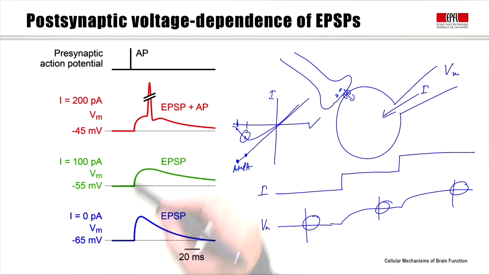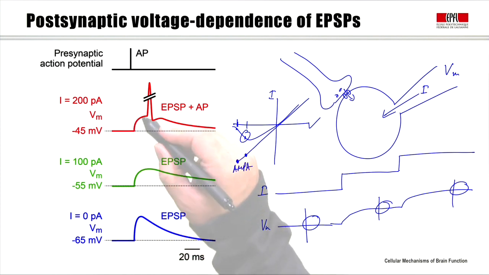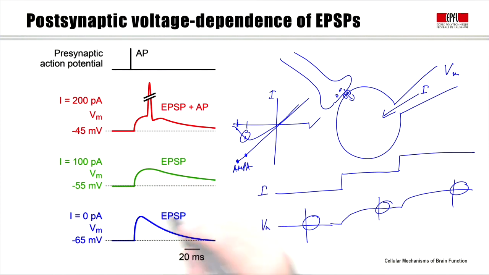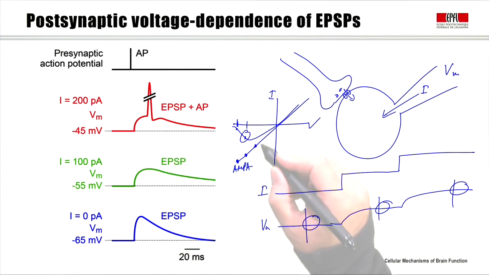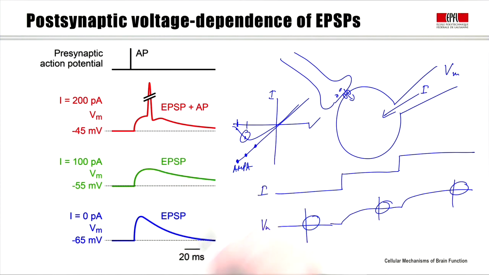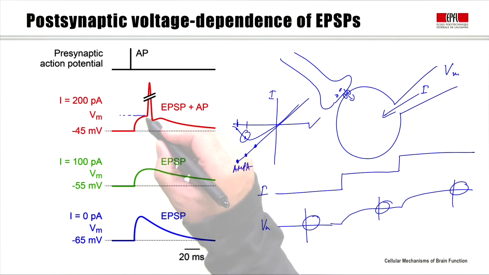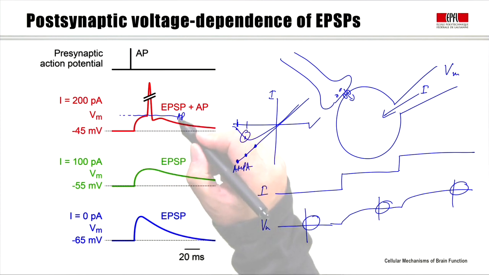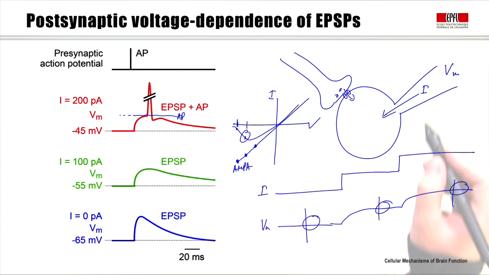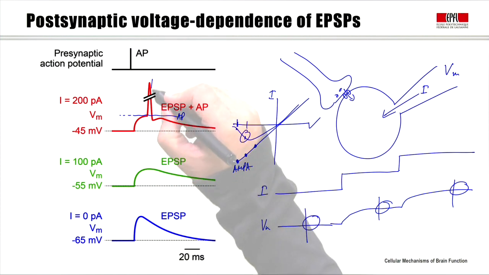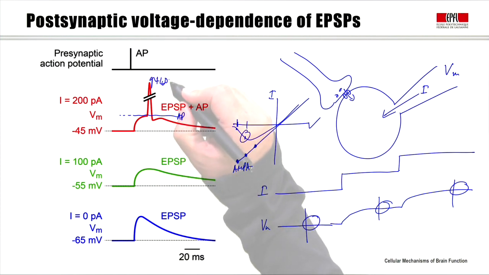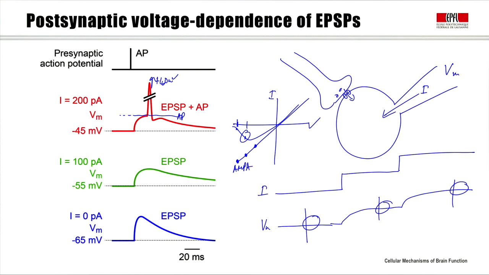If we depolarize even further, there'll be a further drop in the amplitude of the response because we're moving towards smaller and smaller currents. The driving force for the AMPA receptor has decreased, but we're of course much closer to AP threshold, and if we hit AP threshold, an action potential will be fired in the postsynaptic neuron, and the membrane potential will zoom up to something like plus 40 millivolts.